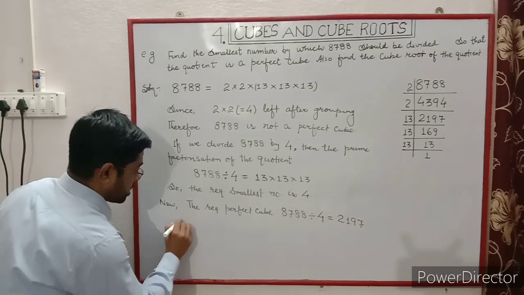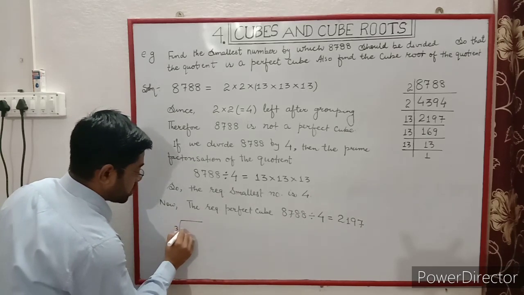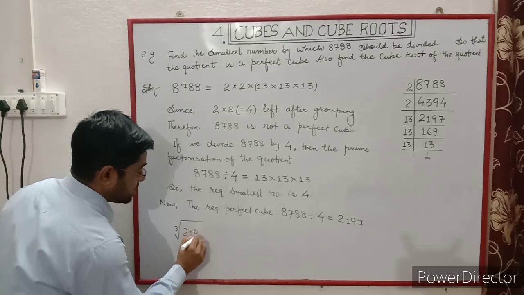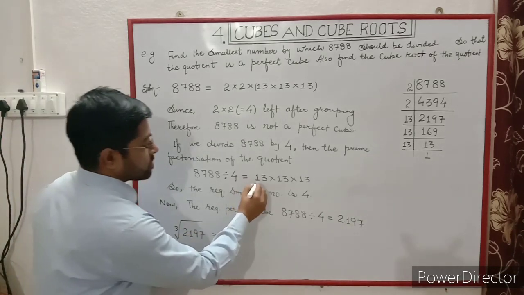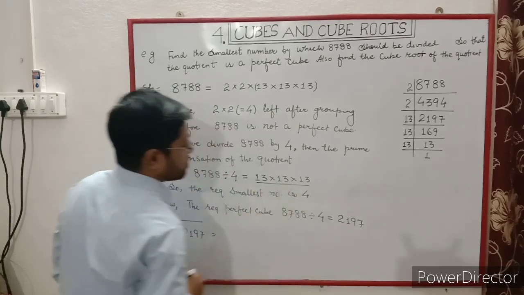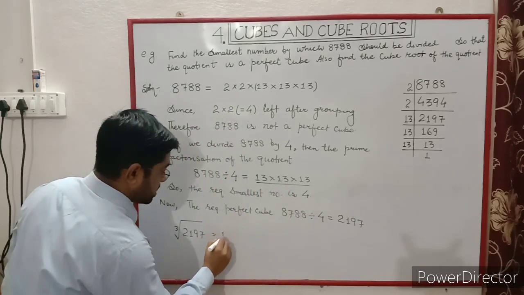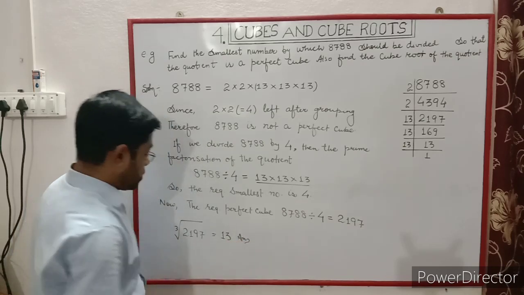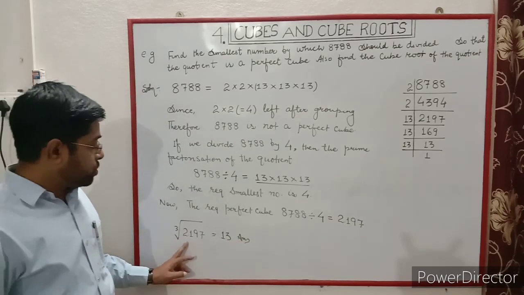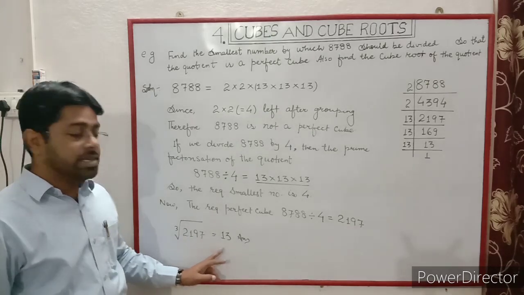Now we have to find the cube root of 2197. Now taking one factor from the group, so we have to write here 13. So cube root of 2197 is 13.